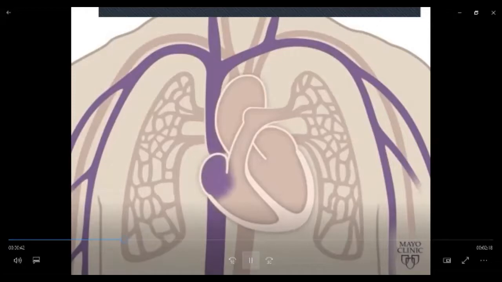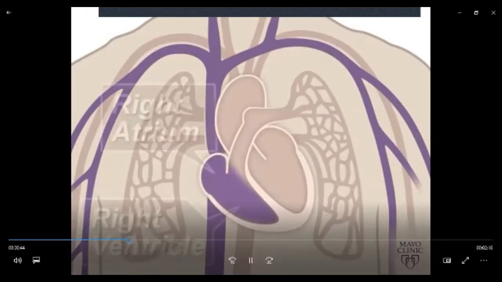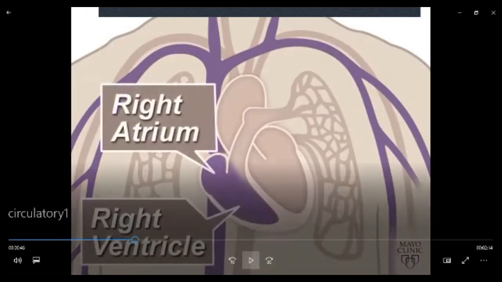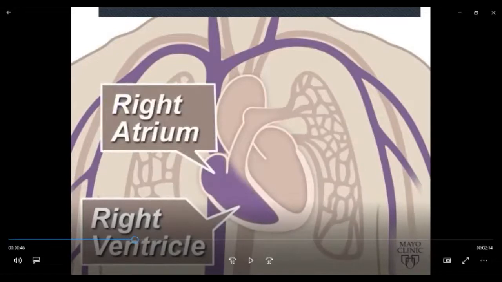Okay, it will go into our right atrium and then goes to the right ventricle. What is atrium? What is ventricle? So its division between right and left will again have smaller compartments.